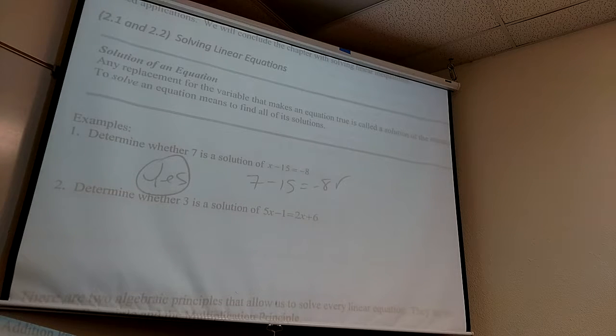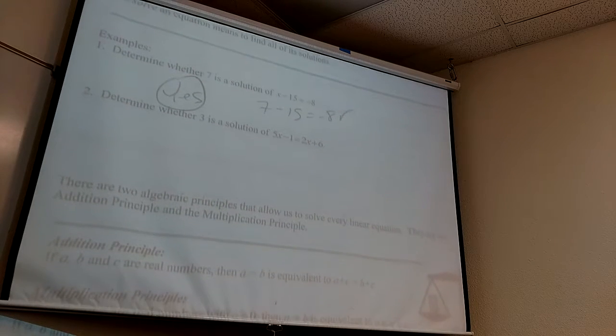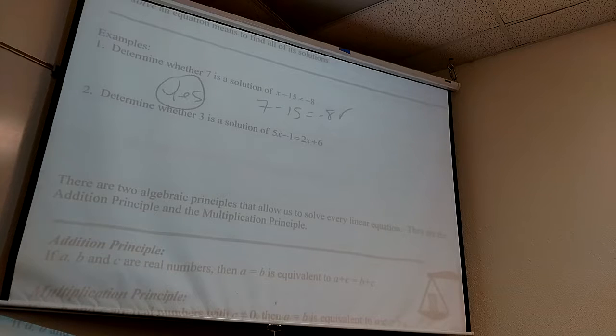All right, try the second one. So again, everywhere you see x, you replace it with the proposed solution. If it's a true statement, yes. If it's not a true statement, no, it's not a solution.